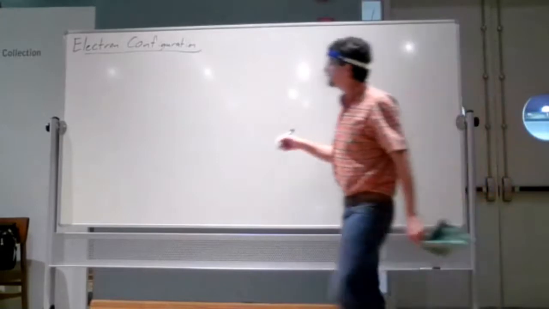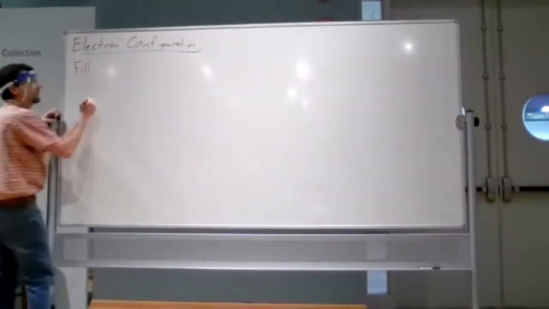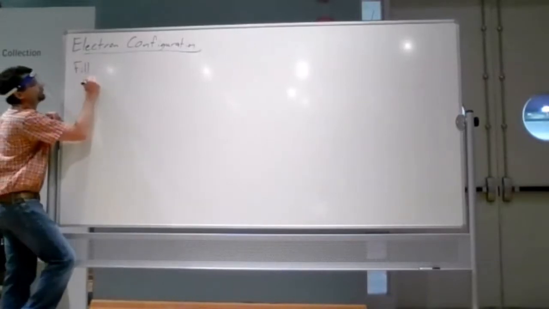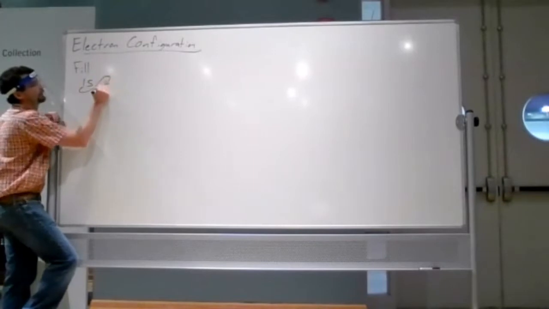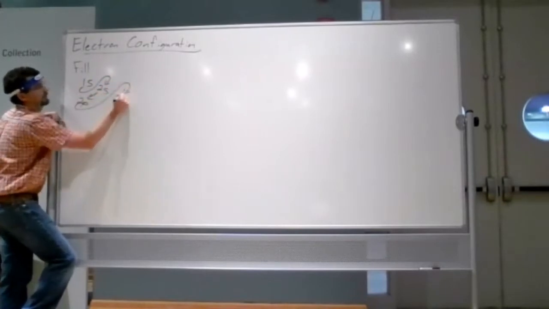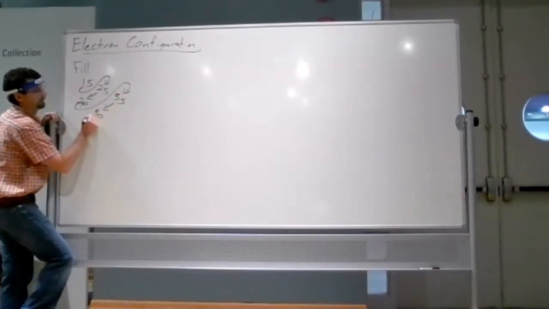Okay, and we had a filling pattern. They fill... what was the first orbital we fill? 1s, followed by what? Then, followed by? Then it gets weird.